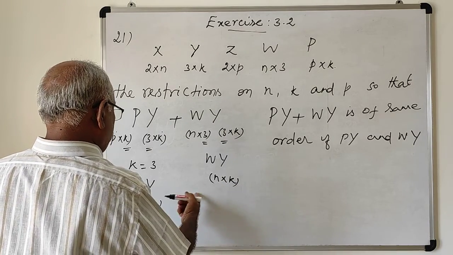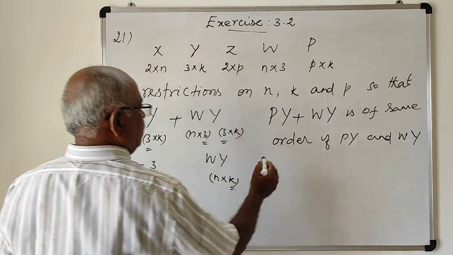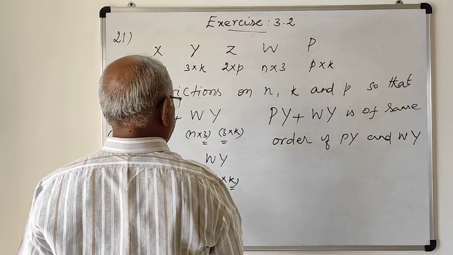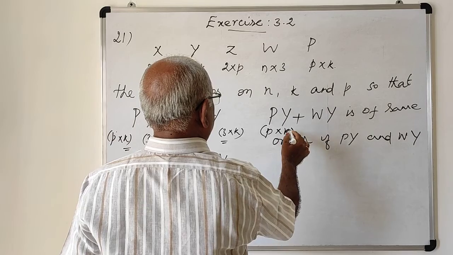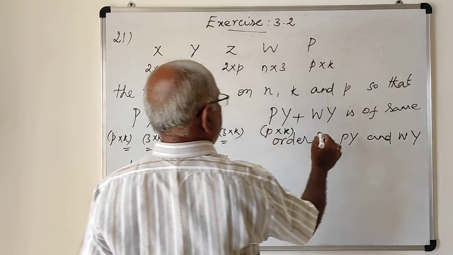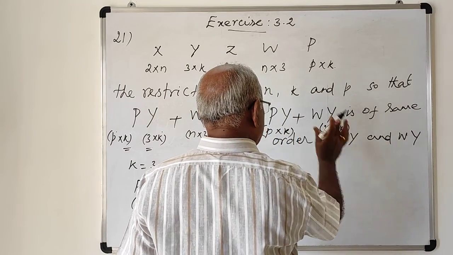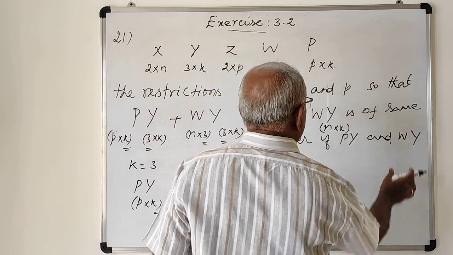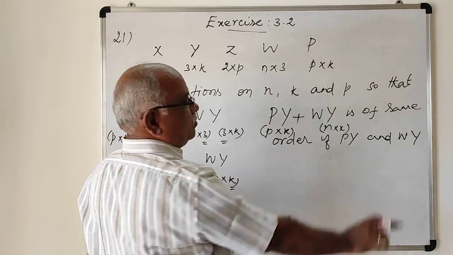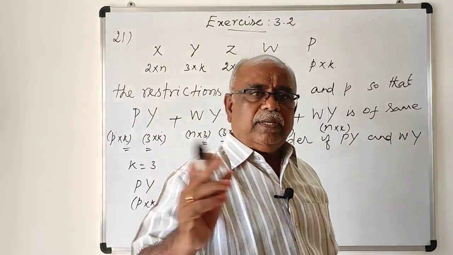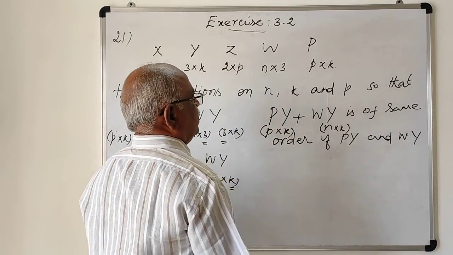This should be the same. Sum of two matrices is possible only when the two matrices are of the same order, and the summation is also of the order of Py and Wy.